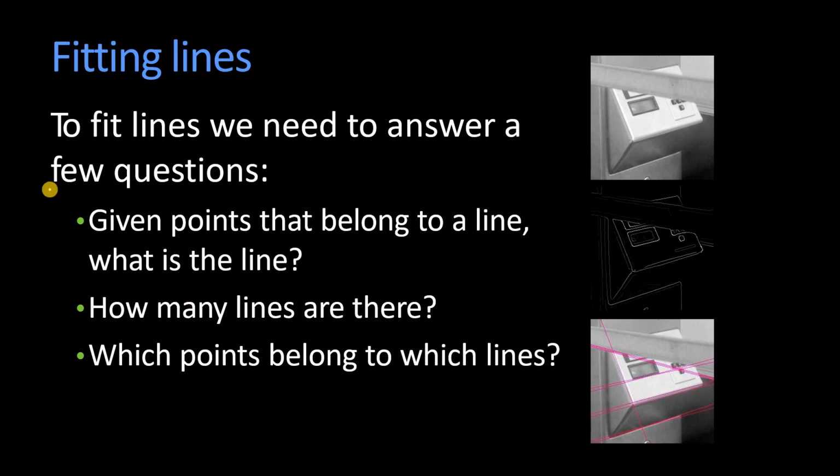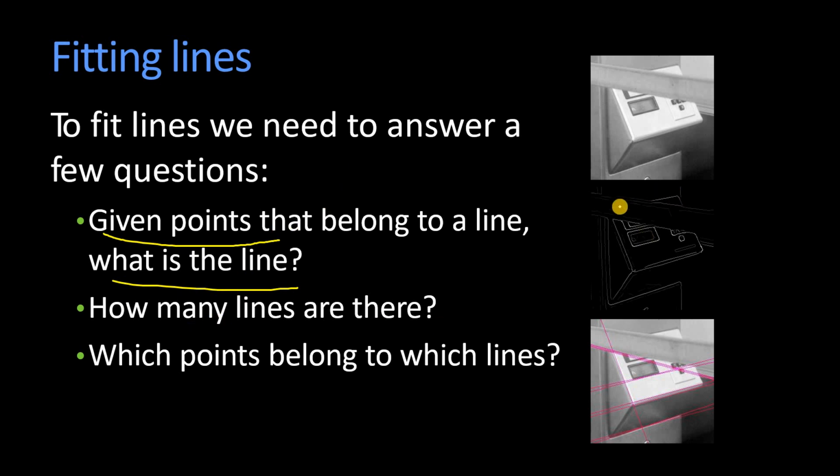So to fit the line, we need to answer a few questions. You are given points that belong to a line, what type of line it is. Here these are the points given. In a normal technique, it's not easy to find it out, but with the voting technique, each point will vote and we can judge.